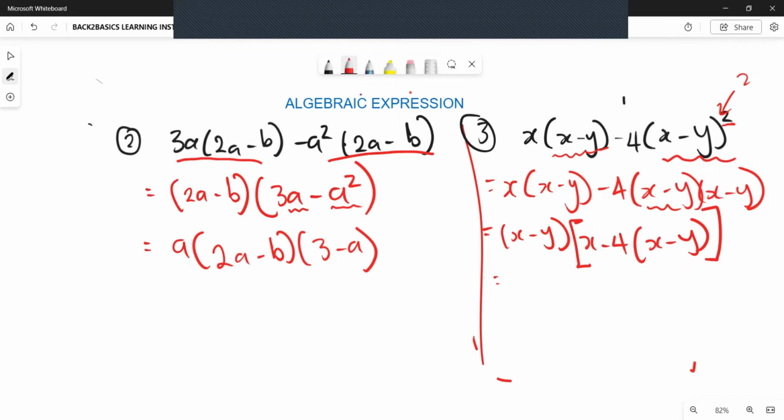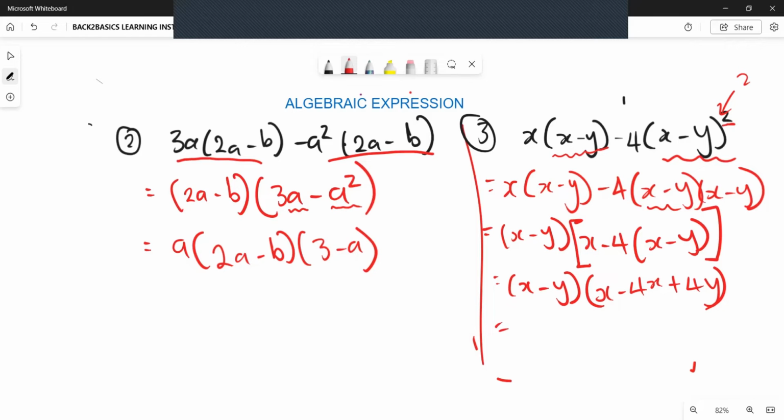So now let's continue to solve this. You're going to have x subtract y now into, you're going to multiply everything there. So this is going to be x subtract 4x plus 4y. Remember that you have negative multiplied by negative.